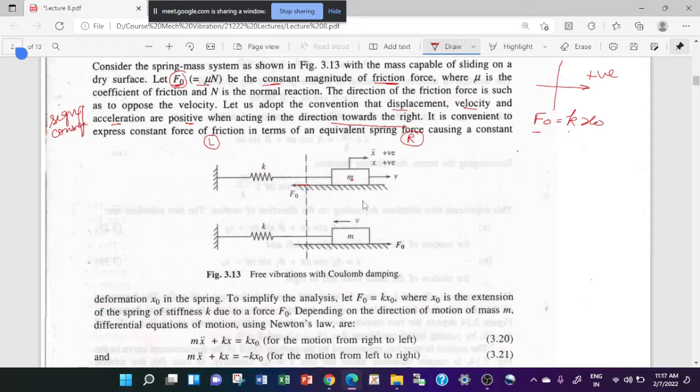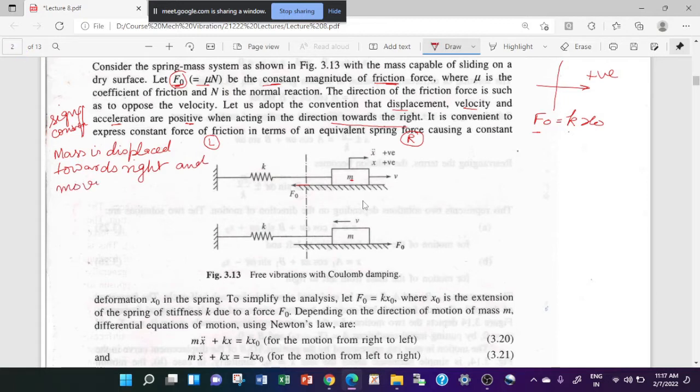Suppose I assume that mass is displaced towards right and moving towards right.